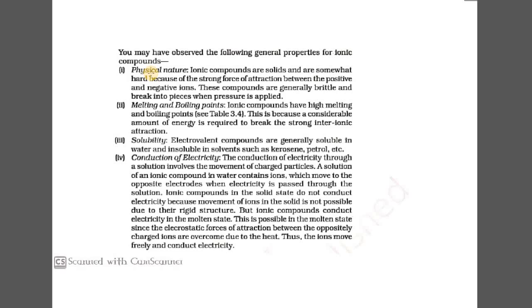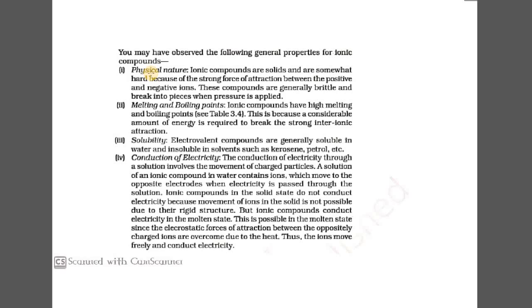Second is melting and boiling points. Generally ionic compounds have high melting and boiling points, just because they possess very strong bonding. The amount of energy required to break these strong interionic attractions is quite high, and because of that the melting and boiling points are generally high.